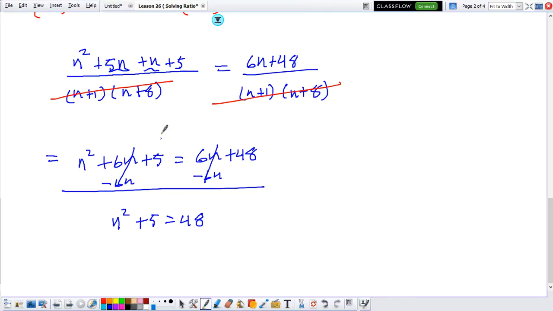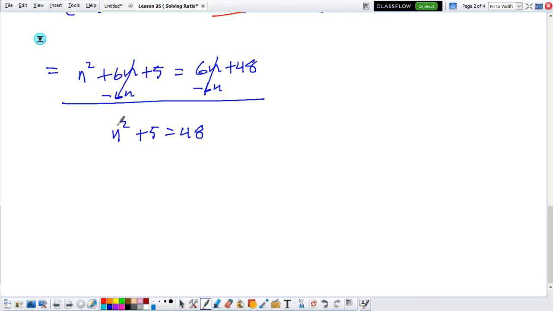You want to solve for n here. So the first thing I want to do is leave the n squared alone. So we got to subtract a 5 here. So subtract 5, 5. So now you have n squared is equal to 43. You want to leave n, so you need to get rid of this second exponent. And from our previous videos, you've got to apply the opposite.